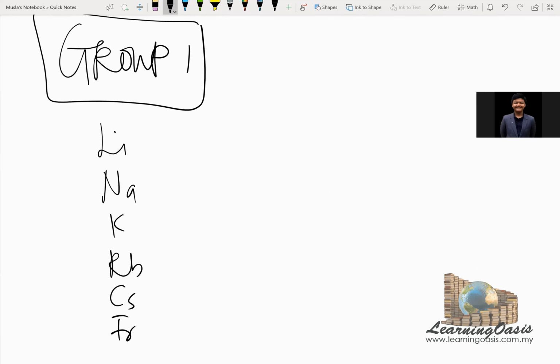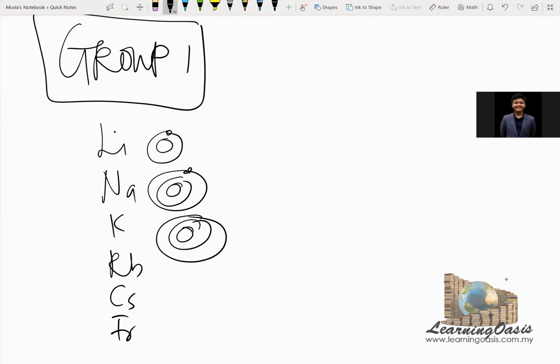As you go down, remember this is group 1. So how many valence electrons? One valence electron. So this is 2, 1, this is 2, 8, 1, this is 2, 8, 8, 1.